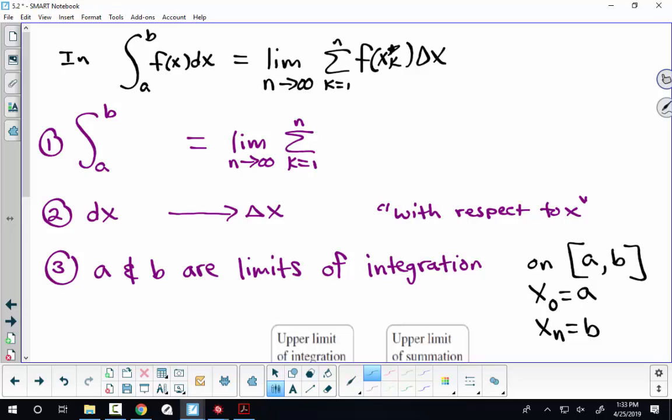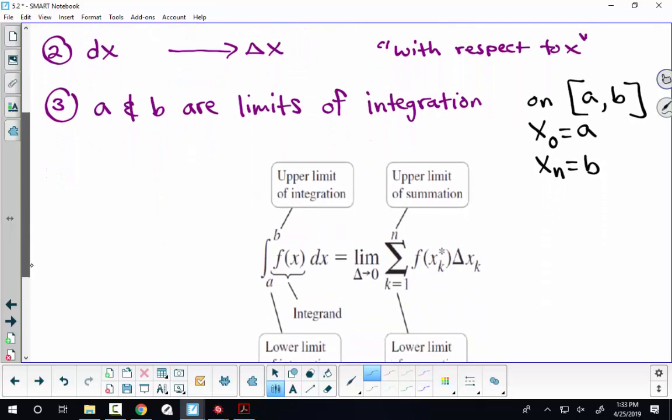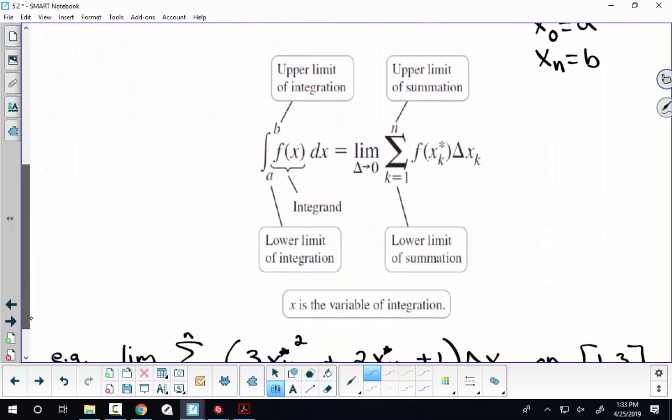Any questions about that notation, or what any of that means? It's sort of specified here as well.